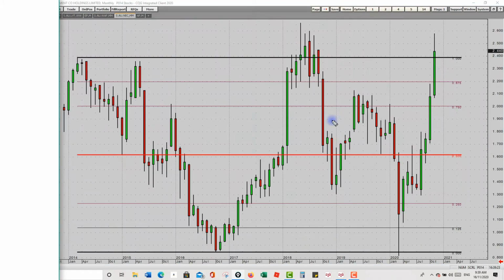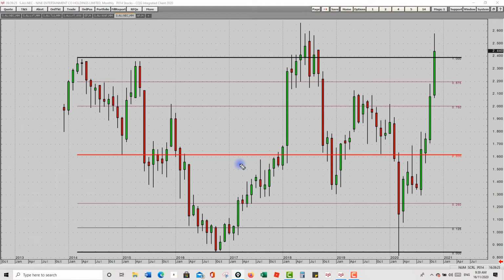Now this is a monthly chart of 9 Entertainment Holdings, and we're looking at years of data going back to 2014.